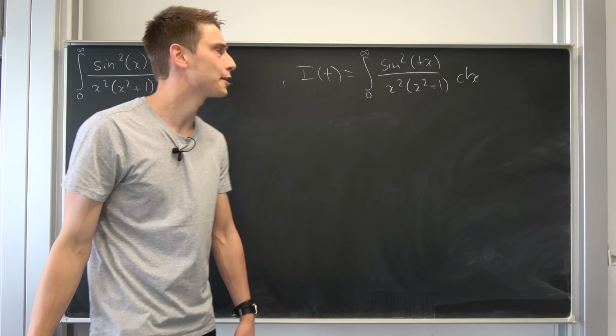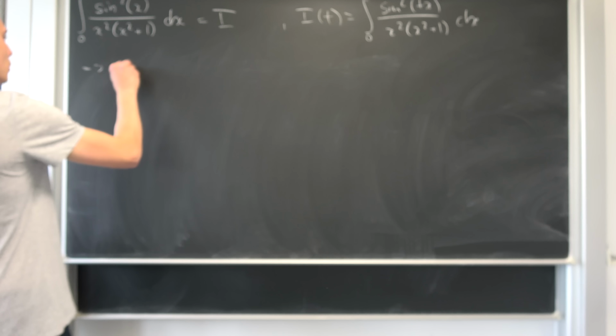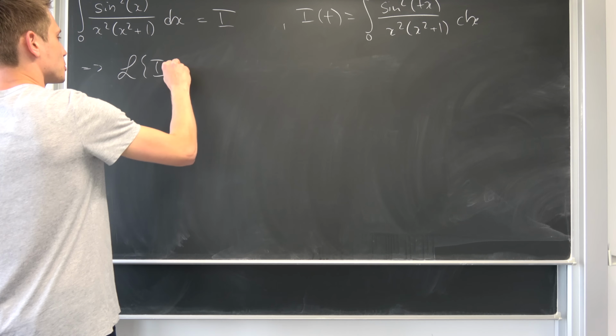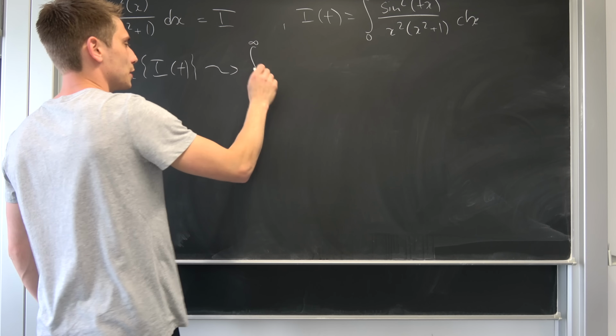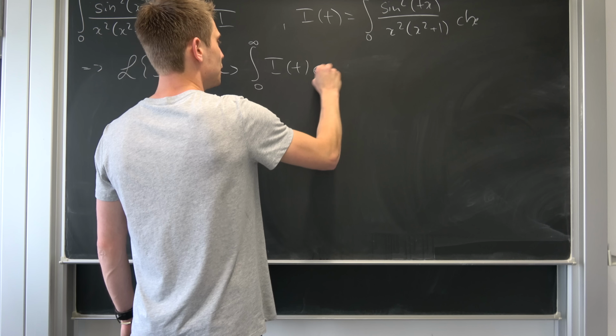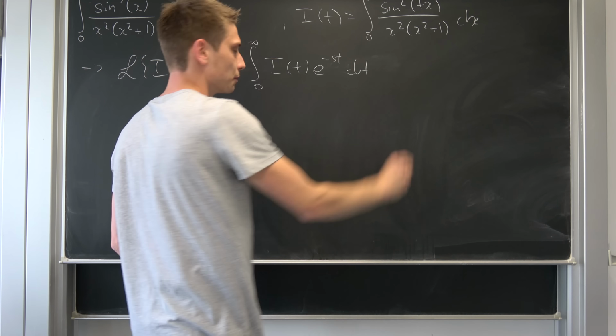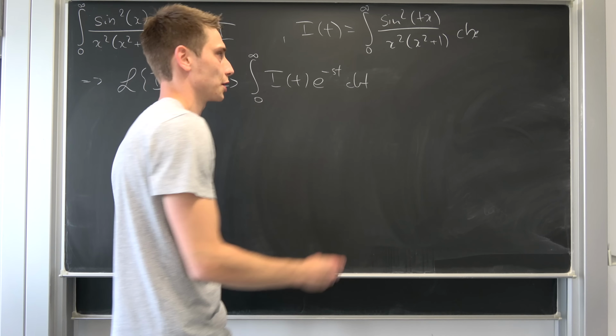Just like I said, let's apply the Laplace transform to this time-dependent function. So the Laplace transform of I in terms of t, what is that? By definition, it's the improper integral when t goes from 0 to infinity of I in terms of t times e to the minus st dt. Now, naturally, we should plug in the definition for I in terms of t.